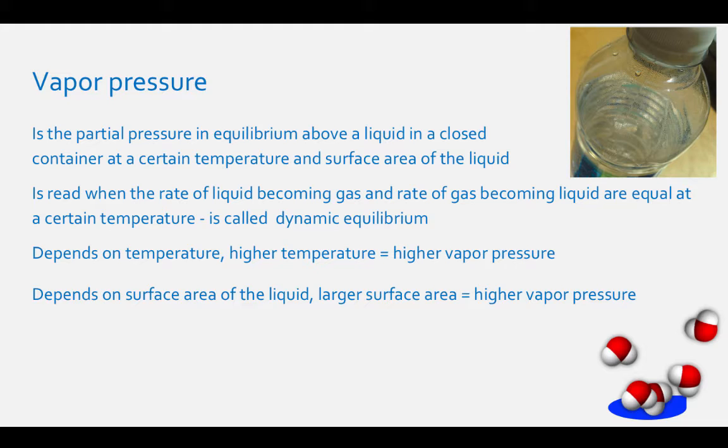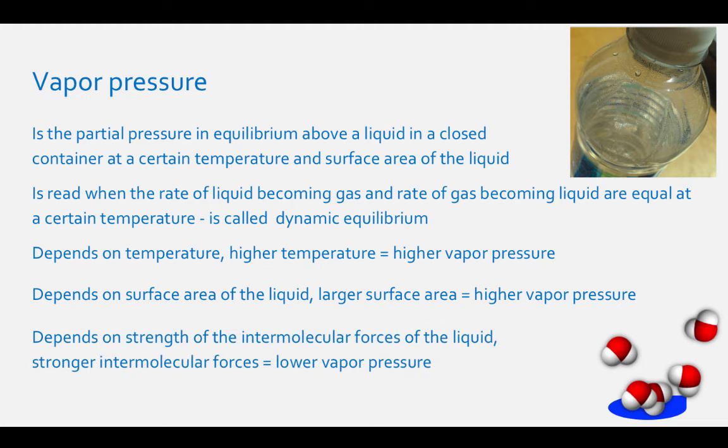The larger the surface area, the more molecules are near the surface, able to be vaporized, and the higher the vapor pressure. Vapor pressure also depends on the strength of the intermolecular forces. The stronger the intermolecular forces of the liquid, the harder it is for the molecules to escape the surface of the liquid, and the lower the vapor pressure.